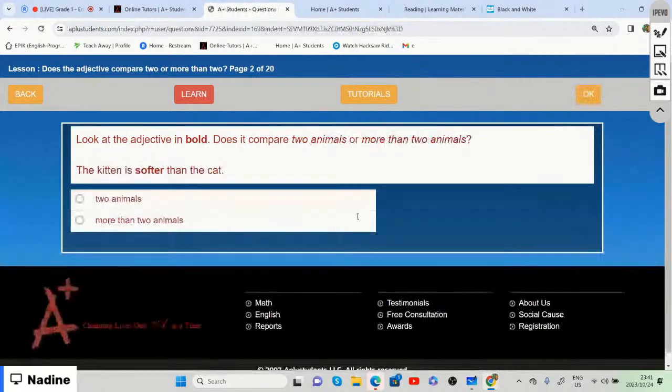The kitten is softer than the cat. So the word softer, are we comparing two animals or more than two animals?